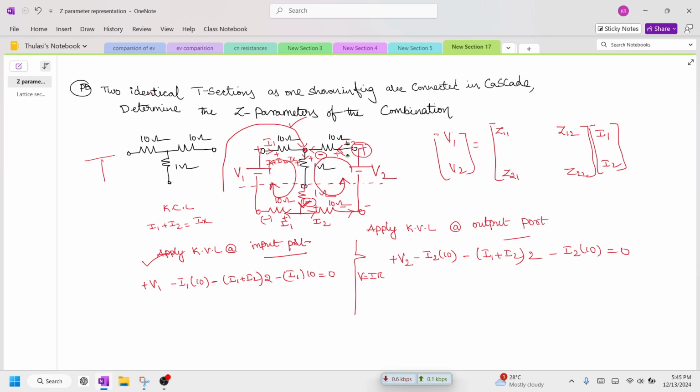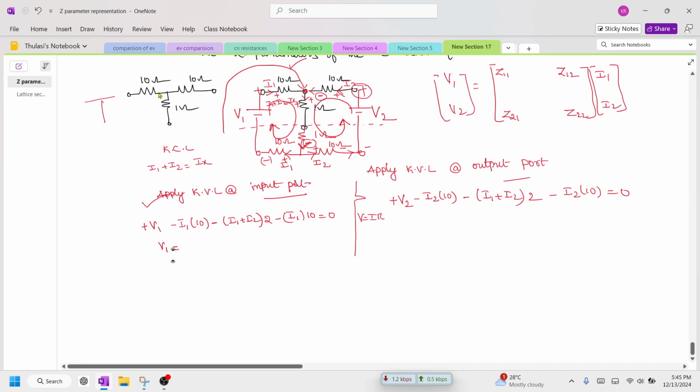Okay. So now I am pushing all these negative terms to the right hand side. Therefore we are going to get V1 is equal to 10 into I1 plus 2 into I1 plus 2 into I2 plus 10 into I1.